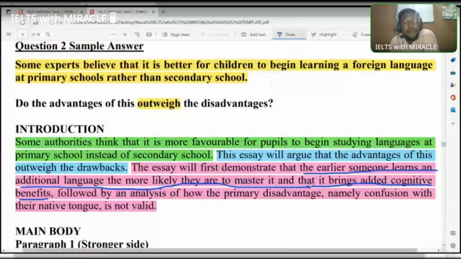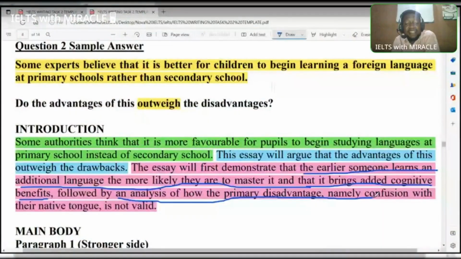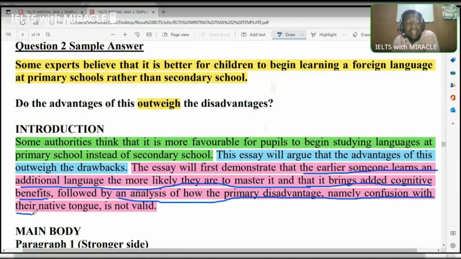It says followed by, which means the second paragraph will have this: followed by an analysis of how the primary disadvantage, namely confusion with their native tongue, is not valid. So you can clearly see what is going on here.